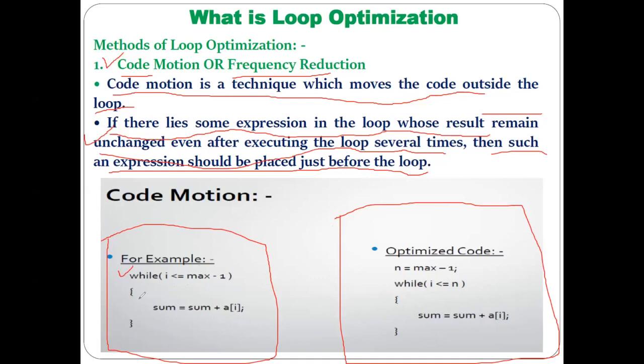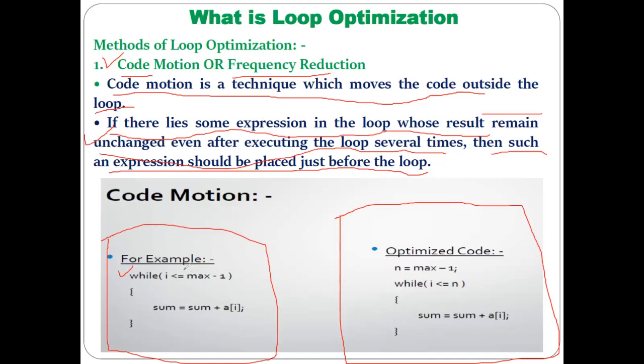Now, what kind of expression related to this loop, if written outside the loop, will not affect the result, and because of that the processing can be reduced? If the processing is reduced, the execution time of the program can be reduced.